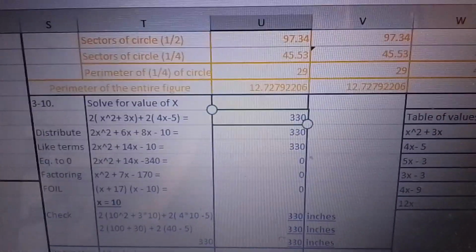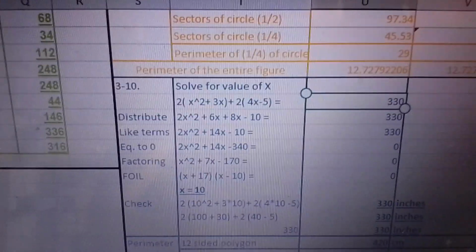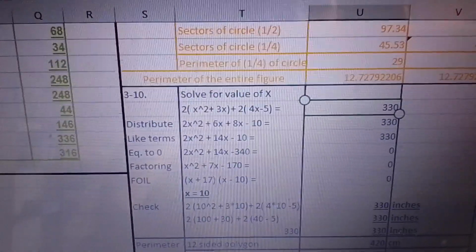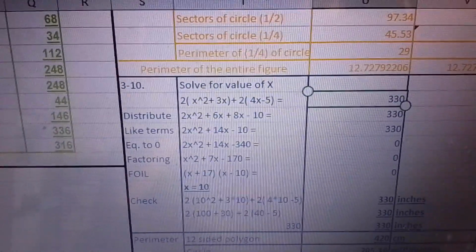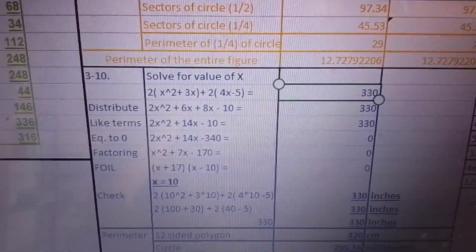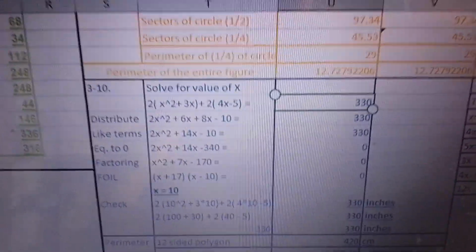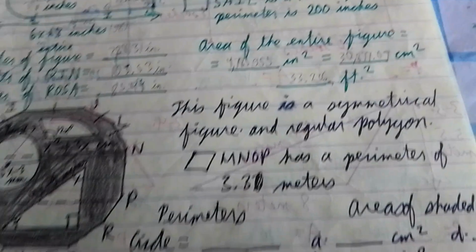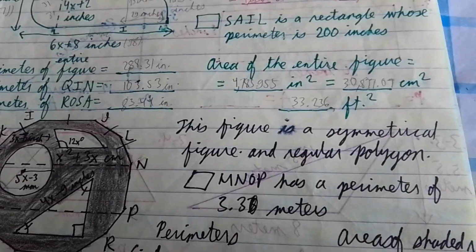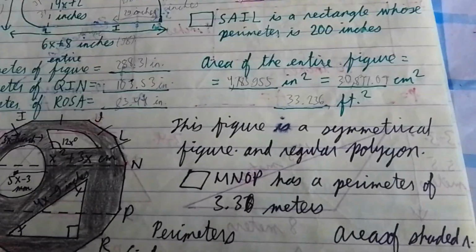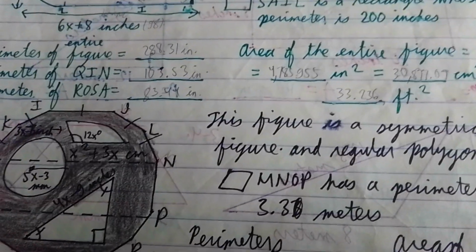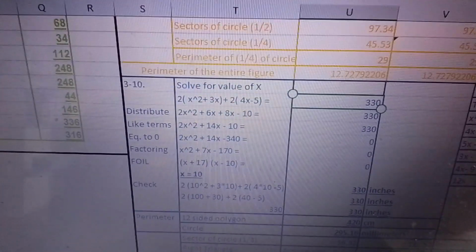Now let's see how we solve for the following. Look at my best friend here, Microsoft Excel. So now let's solve for the value of x. To solve for the value of x, we have 2 times, remember the perimeter is 330. Why 330? Because it says here that our perimeter is 3.3 meters. So if we convert that into centimeters, you move the decimal point 2 places to the right, and that would be 330, just like what you see here.